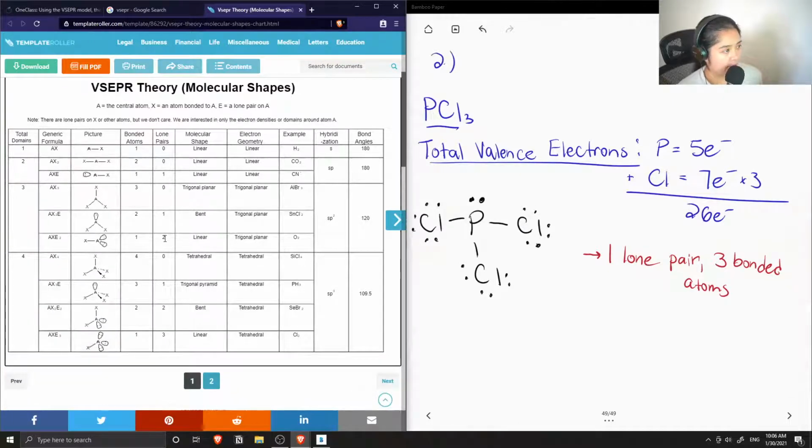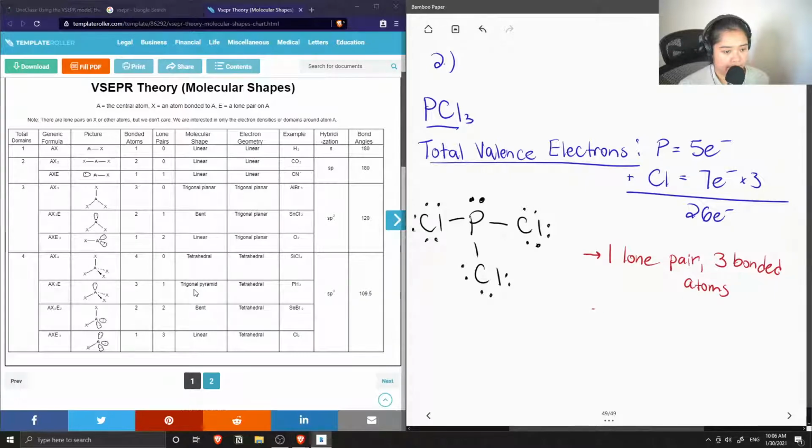When a molecule has one lone pair and 3 bonded atoms, it has a trigonal pyramidal molecular shape. And also, its electron geometry would be considered tetrahedral.